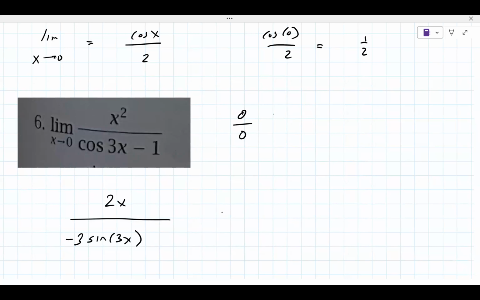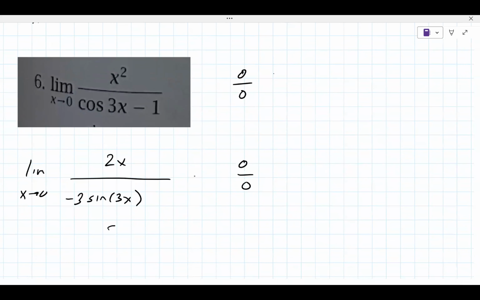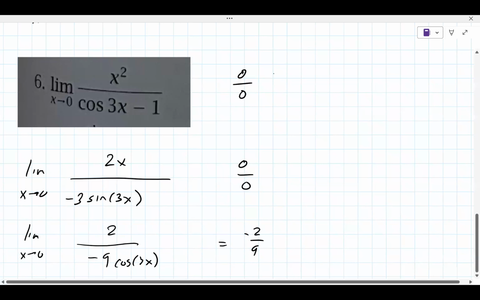Does that look right to you? Yes. And then you get 0/0 again. Yeah, you are supposed to write the limit each time. Okay, so again, you get 2/9. The derivative of sine is cosine. Did you say negative? I did not. I didn't put the negative in front of the cosine the second time. I didn't bring it down. Okay.